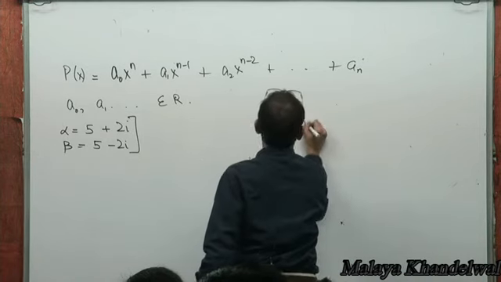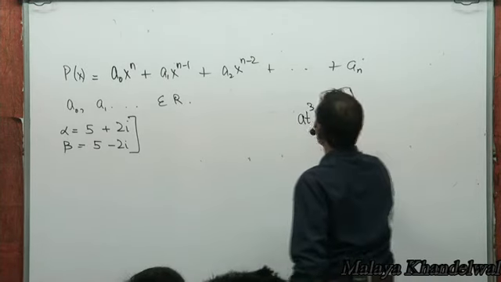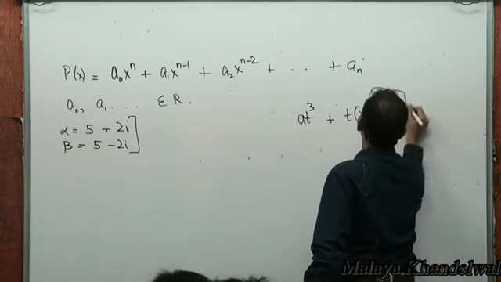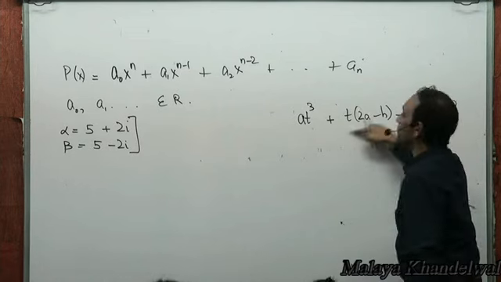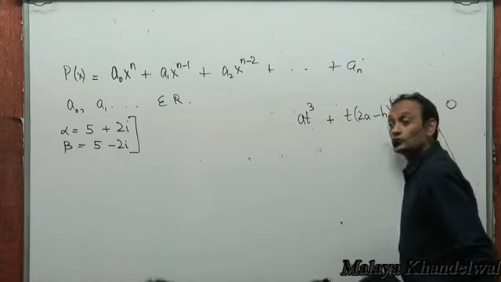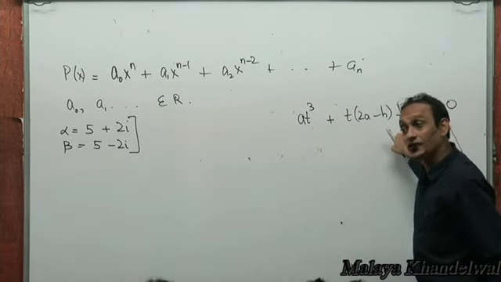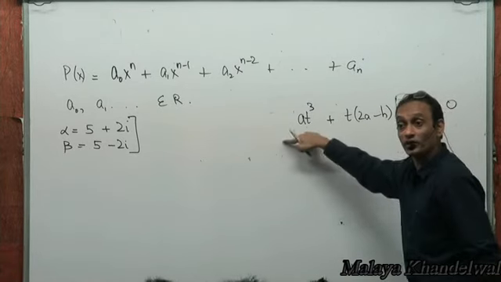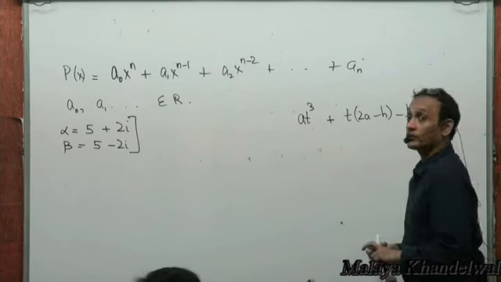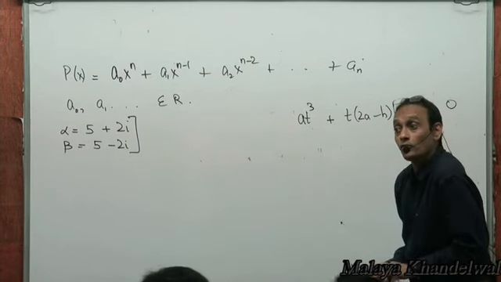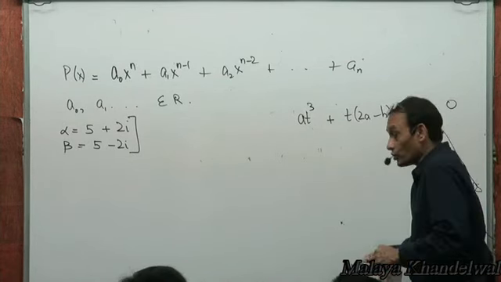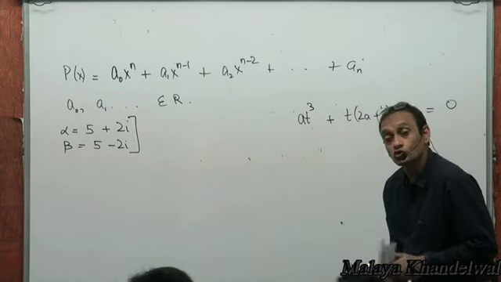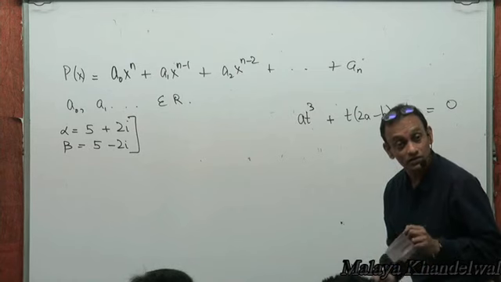So now the three normals drawn from h, k: t cube plus t into 2a minus h minus k equal to 0 will give me the t's of the three normals drawn from h, k. This is a polynomial of an odd degree. Now, can it have all three roots complex? No, because complex roots will always be even in number.